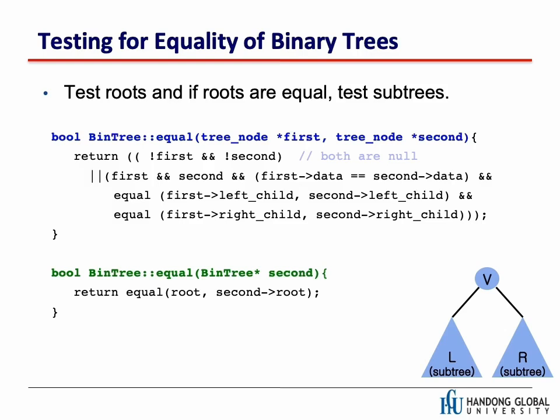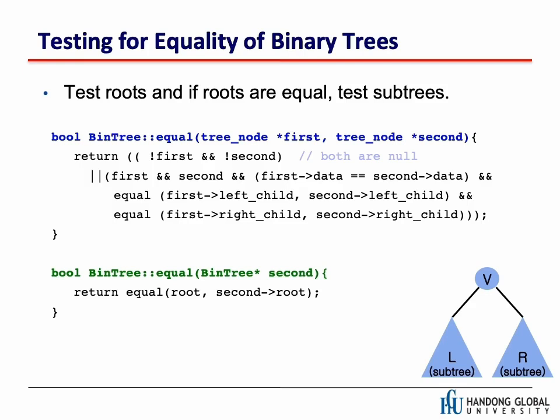In the blue one, we get two tree node pointers, which in general point to subtrees. This is not just a left subtree and right subtree. The first is pointing to a subtree from the first binary tree, and the second tree node pointer is pointing to a subtree from the second binary tree.